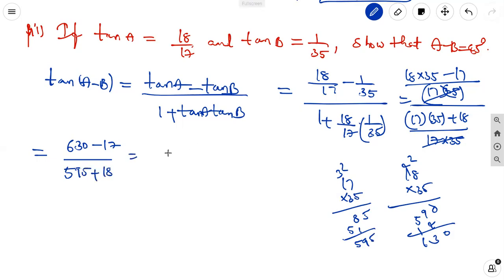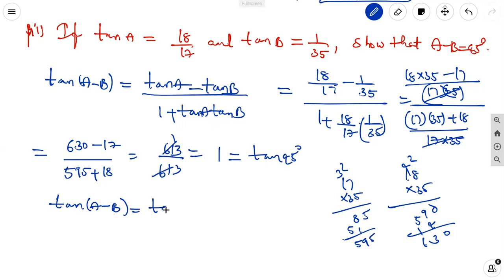That is equal to 613 by 613. It is equal to 1. One equals tan 45 degrees. So tan of A minus B is equal to tan 45 degrees. From this we can take the angles: A minus B equals 45 degrees only.